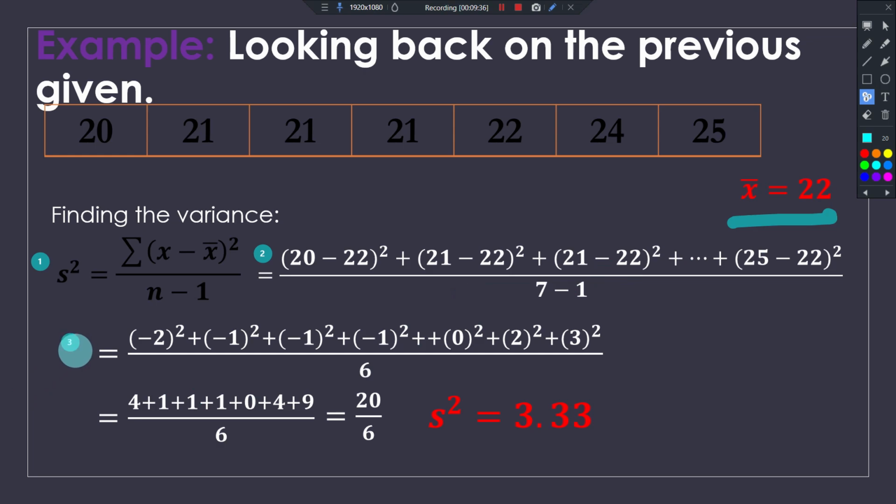After that, subtracting the numerator and also the denominator. Step 4 is we have to add everything, or list down the numbers that we're going to add. And in the fifth step we have to divide the 20 by 6. That's why we've got our variance, our final answer, which is 3.33. And this is s squared. s squared is a symbol for variance.